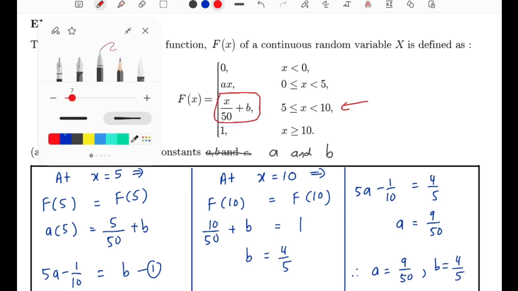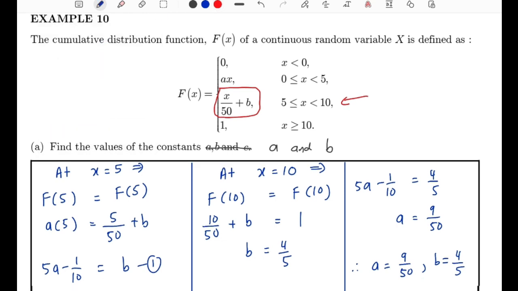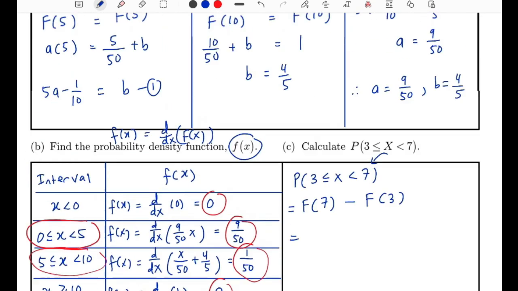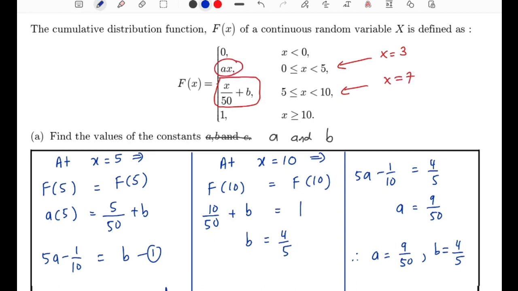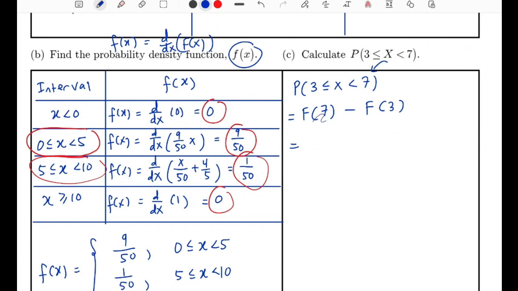Whereas for 3, 3 lies here, so I'm going to substitute 3 into this function. So for 7, it's going to be 7 over 50 plus 4 over 5. Whereas for 3, it's going to be 9 over 50 multiplied with 3, which is 2 over 5.